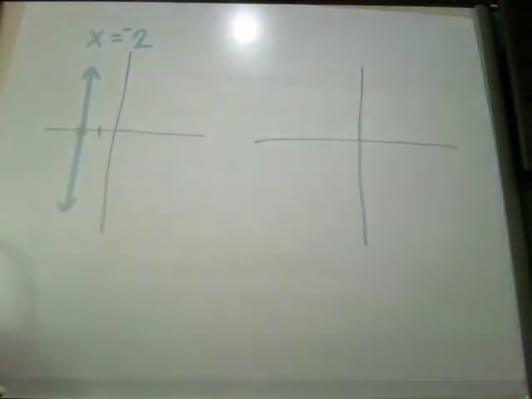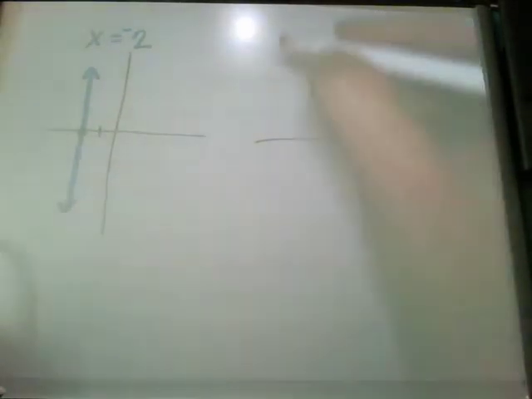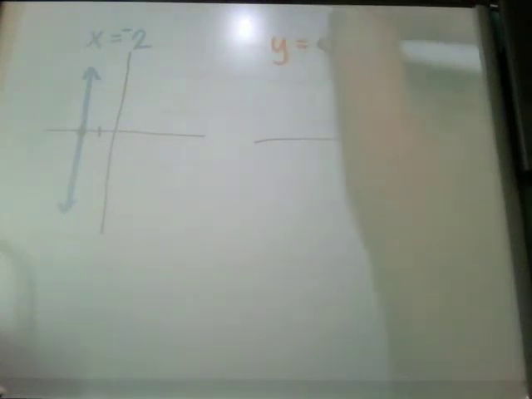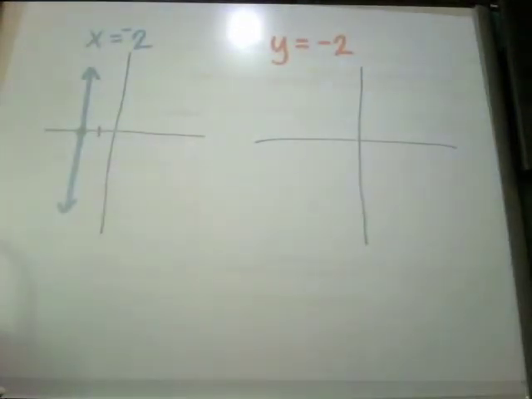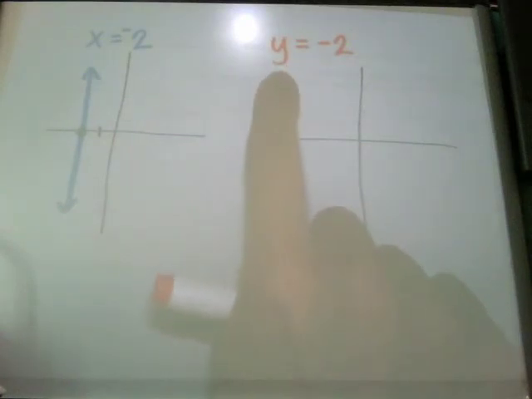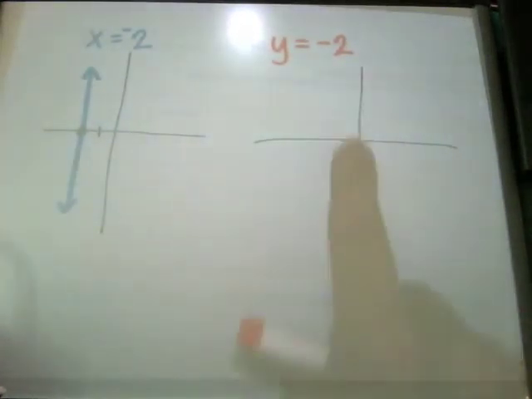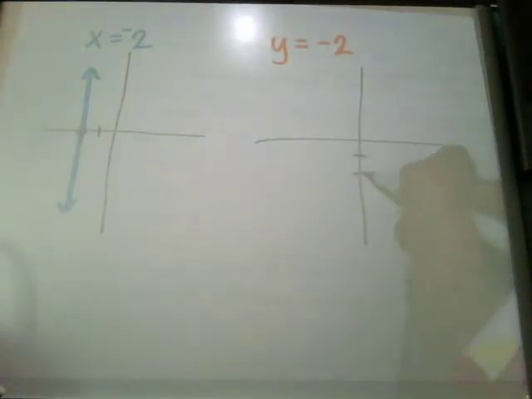Now, it's exactly the same if you have, let's say the same, but y equals -2. There's no x's because it will never cross the x-axis. If the only variable is a y, you go to the y-axis, that's the vertical one. You go to -2, whatever that value is.